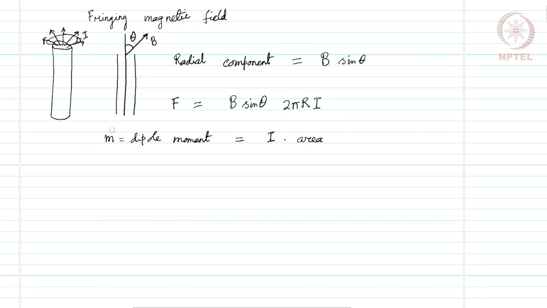With this, we can write down the force in that case as the gradient of m dot B. It's very similar to the force in the case of electric fringing fields. That was the gradient of p dot electric field.